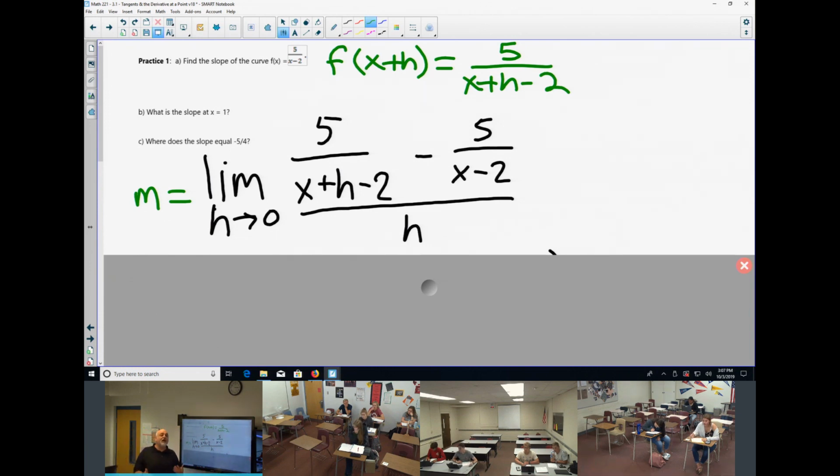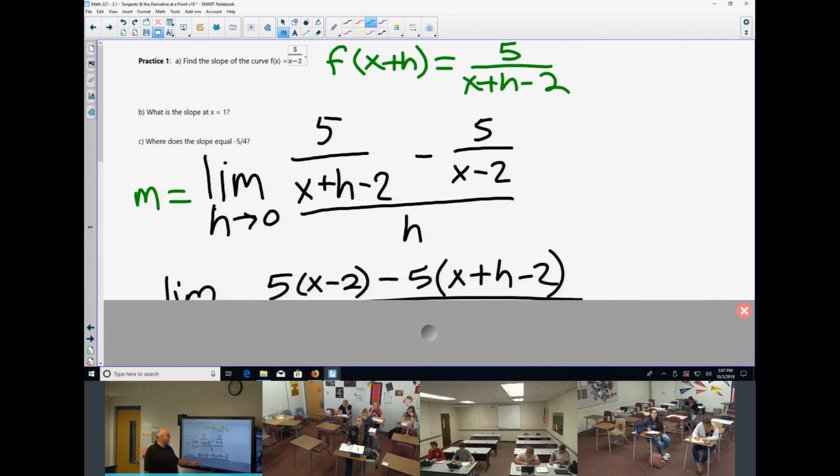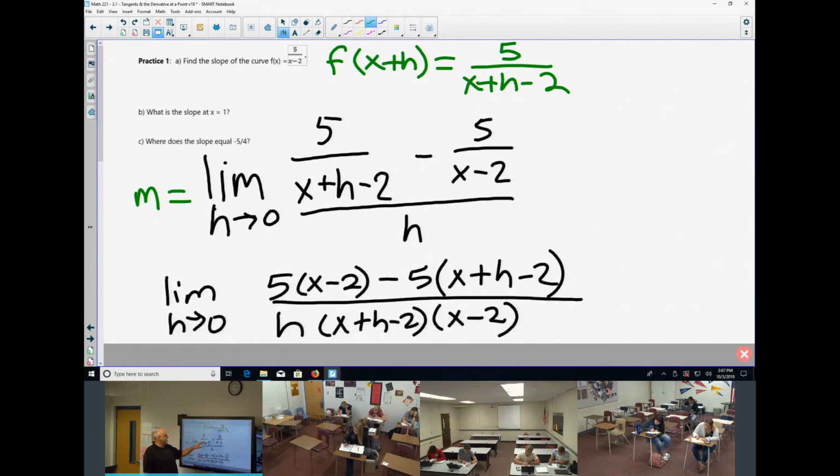Okay, so now comes the algebra trick that I showed you today. So to subtract these fractions, you take 5 times x minus 2 minus 5 times x plus h minus 2, all over h times x plus h minus 2 times x minus 2.